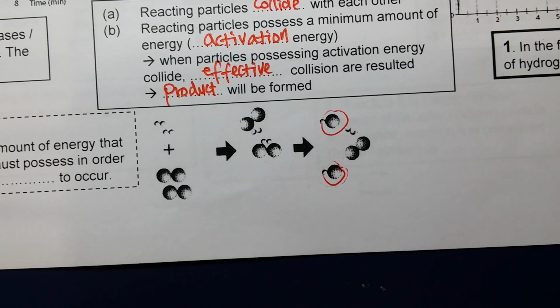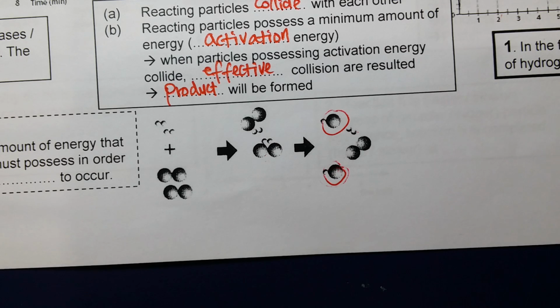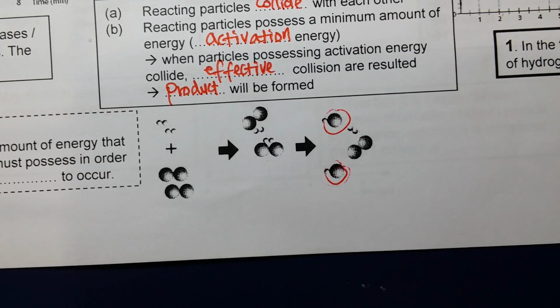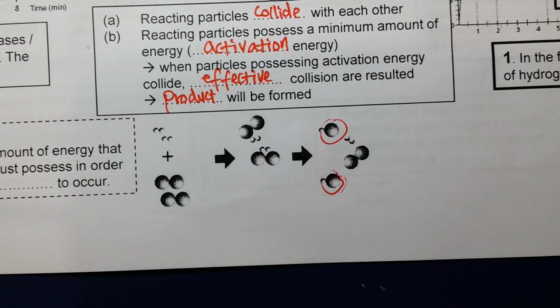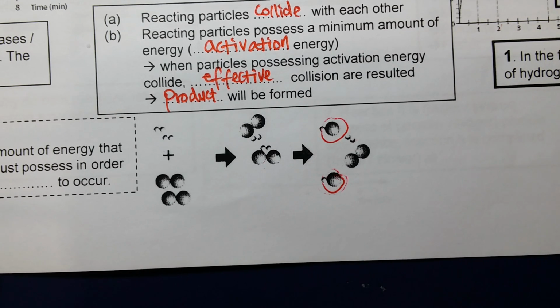Now, an example of this would be car collisions. There are two types of car collision, touch wood. The first type, the cars collide at a very high speed with enough energy, so fatalities are resulted. People die.